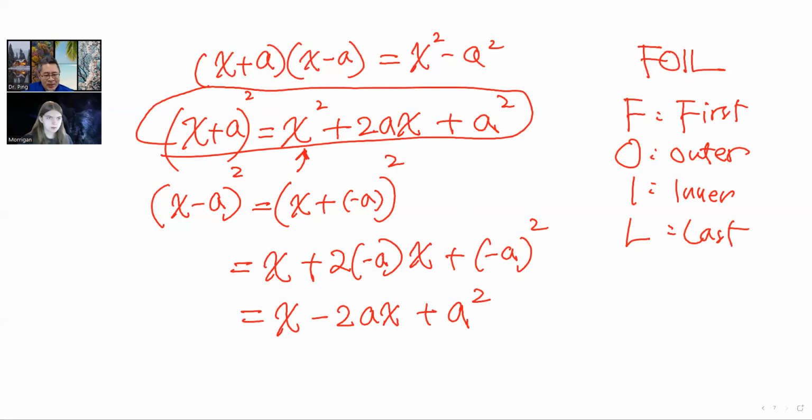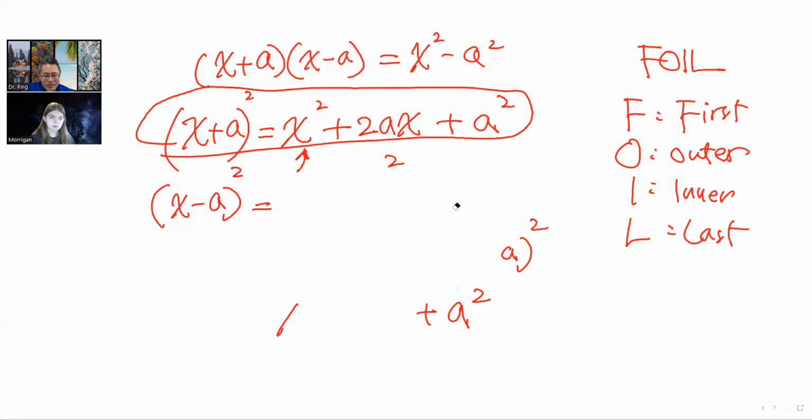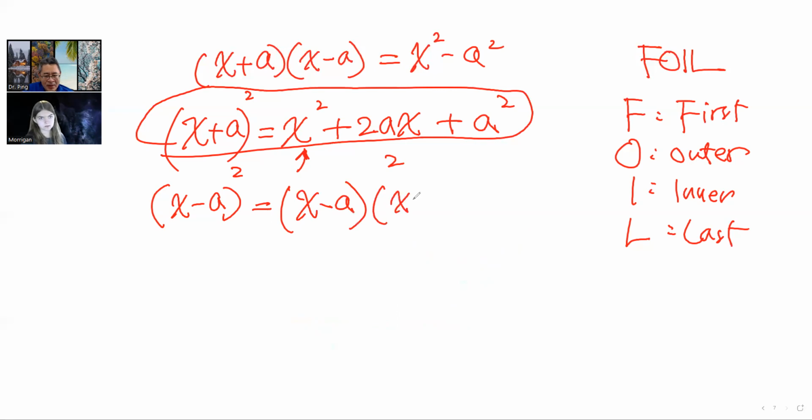Another way to do it is just do the FOIL. That is x minus a times x minus a. Then we do the same to the FOIL.